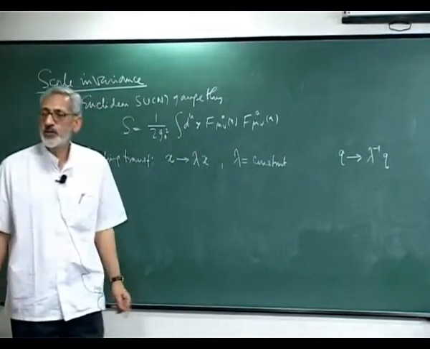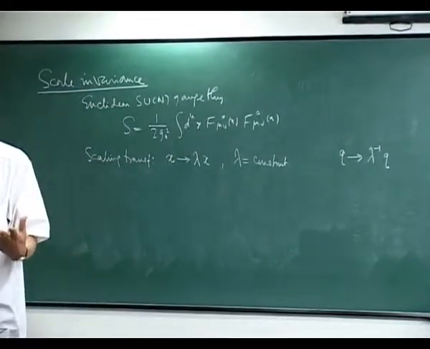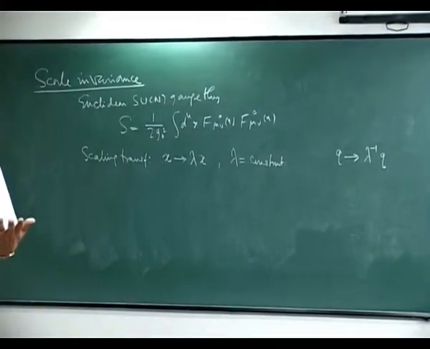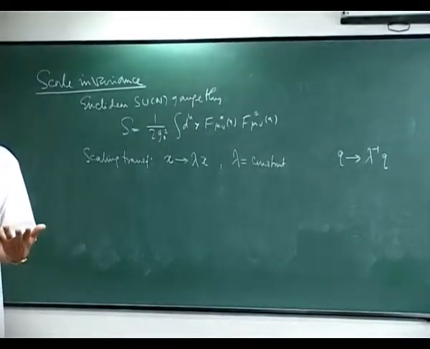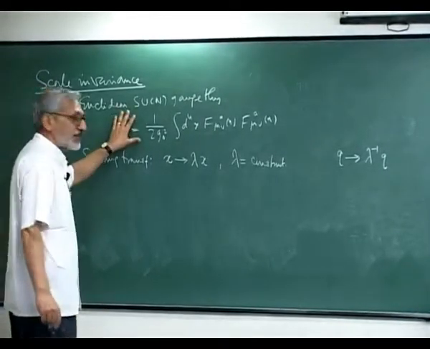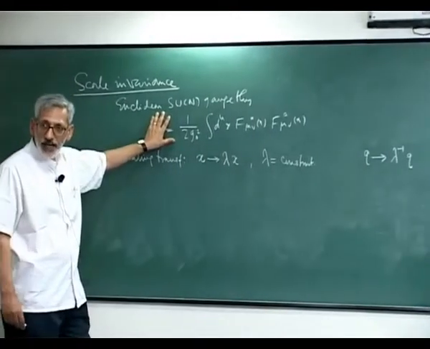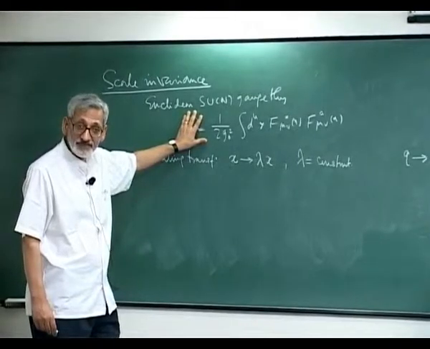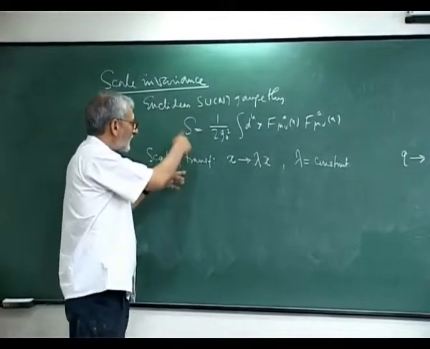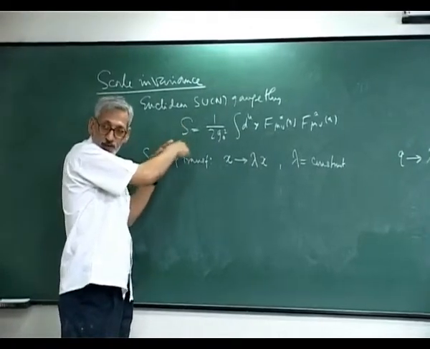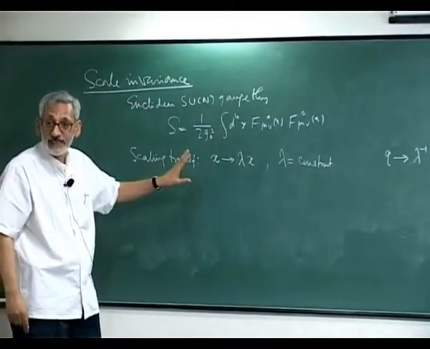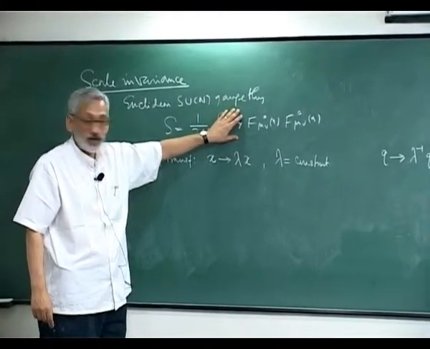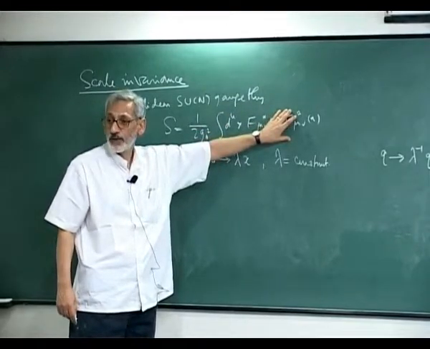What is the mass dimension of the gauge field? Can anybody tell me the mass dimension of the gauge field? 1. Is that clear? Because in h-bar equal to 1, c equal to 1 units, the action is a dimensionless object. But if you have h-bar also, then S over h-bar is a dimensionless object. d4x is length dimension 4, so F squared has to be length dimension minus 4, or mass dimension 4.